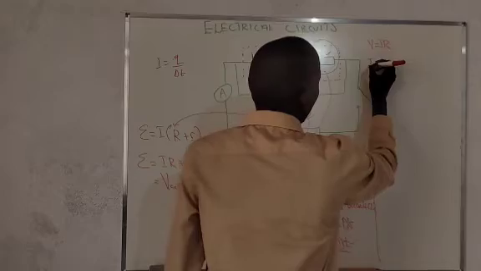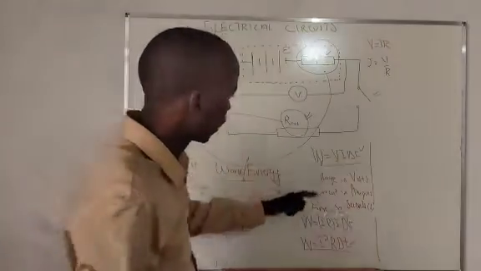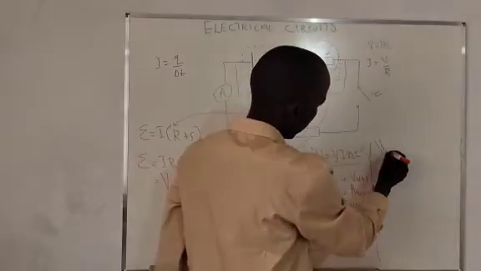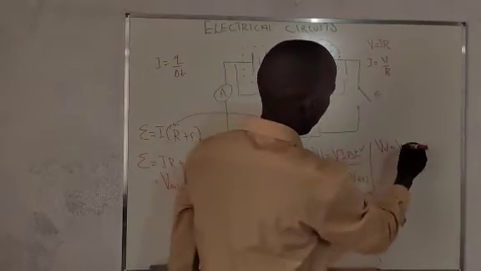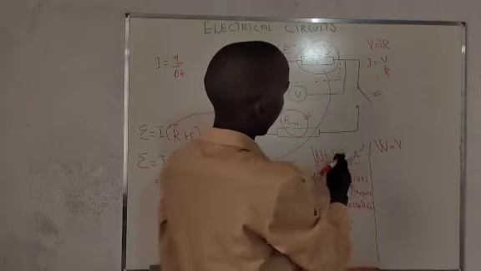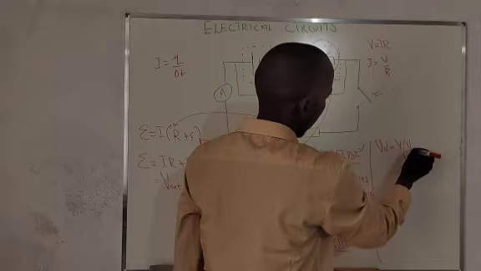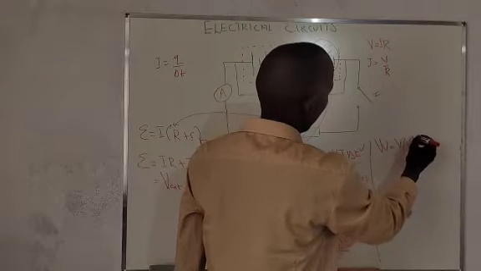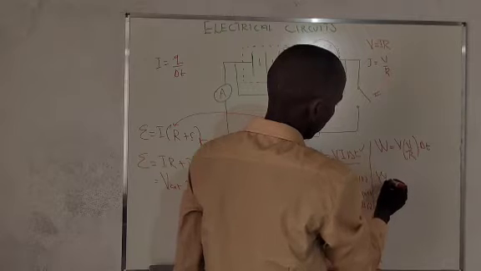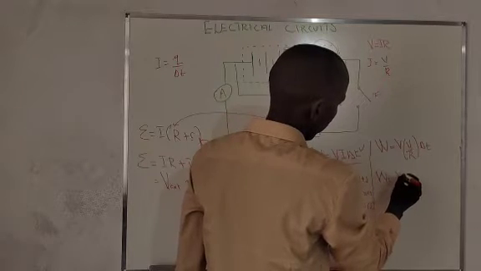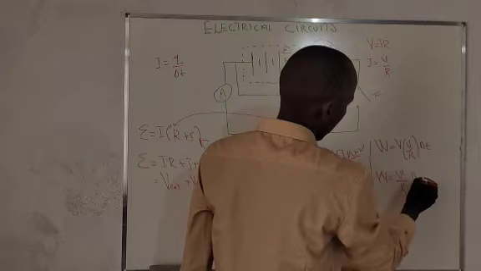Then I is equal to V over R. So from this formula we can write work as V over I times delta T, then I add another V over R times delta T. Then we have work is given by V squared over R times delta T.